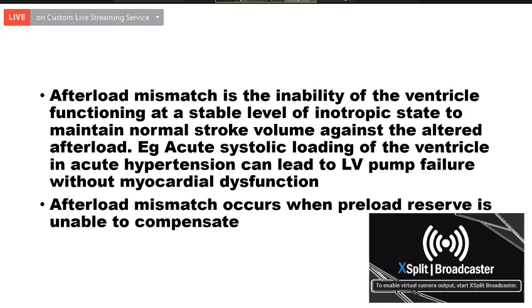So these are the few situations where there can be an afterload mismatch. Out of these, the most frequent situation we come across is an acute rise in the systemic blood pressure, resulting in acute left heart failure.